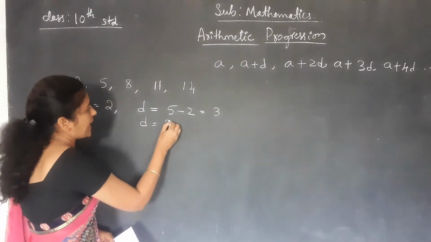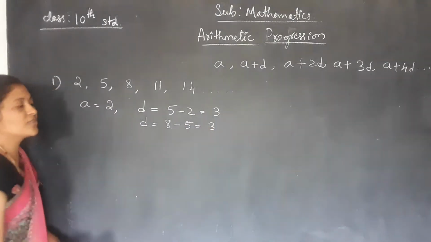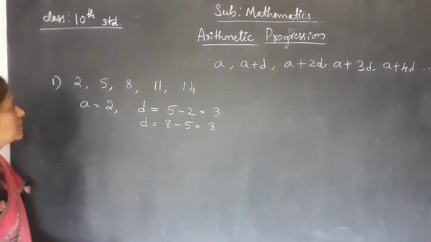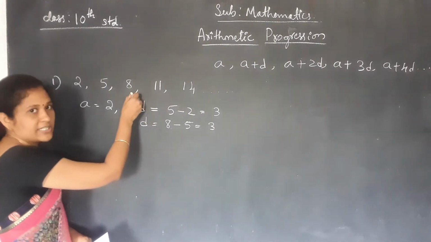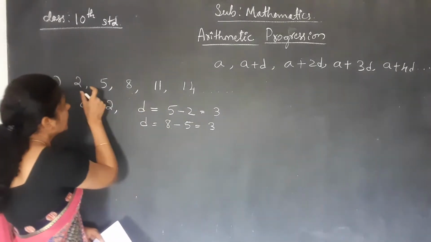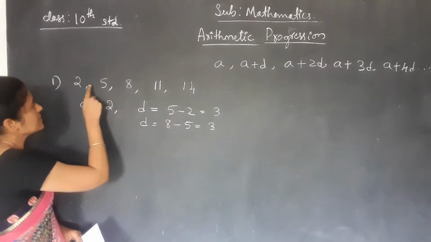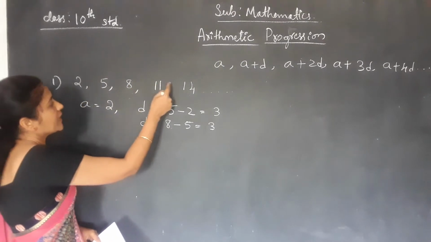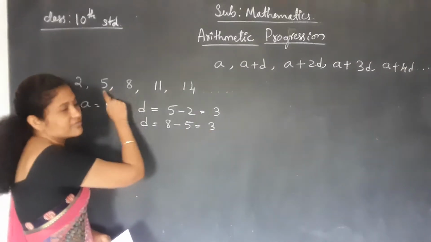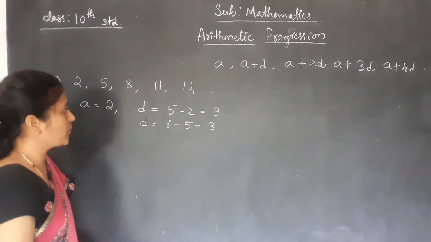D is equal to 8 minus 5, which is again 3. It means 3 is the common difference. And 11 minus 8 will give you 3. 14 minus 11 again 3. Look at the pattern here. In this series, every term you are getting by adding the common difference 3. So this is the AP, arithmetic progression.